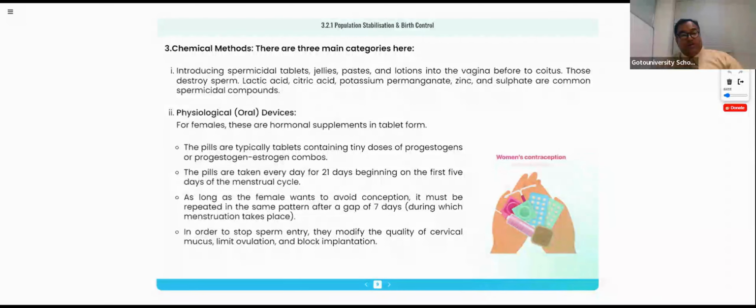Now, there is a gap of 7 days, and it should be repeated every 7 days. Then there is no chance for consummation. Why? Because if you give the medicine continuously, there is a negative impact. There is a side effect. Why?